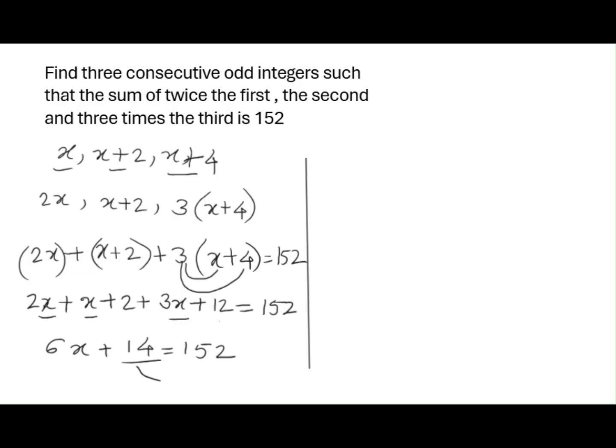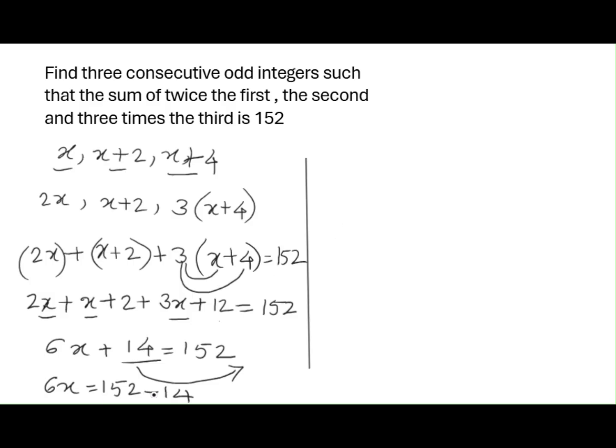Now this number can go to the other side, as it is carrying plus sign here. On the other side it will carry negative sign. So it will become 6x is equal to 152 minus 14.